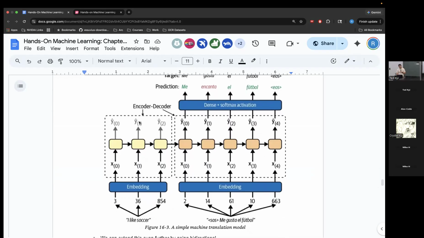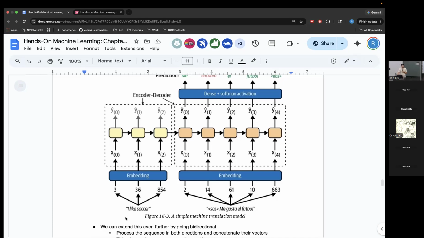So they point out two different pieces. They have the encoder and they have the decoder. This encoder has the text, I like soccer, and they're turning each of these into indexes. So they're saying I is just word number 3 in our lookup table, and then they're turning that into some embedding that becomes the first element in the sequence.